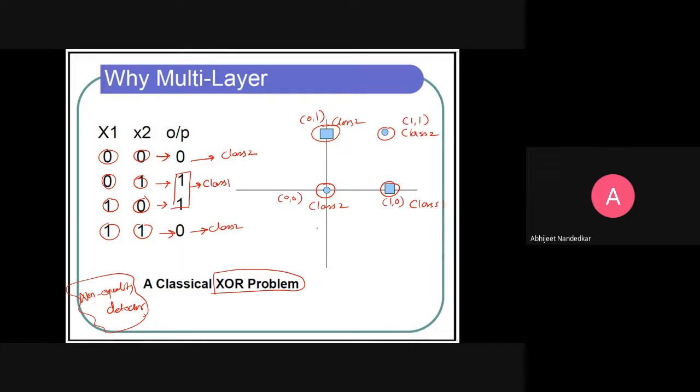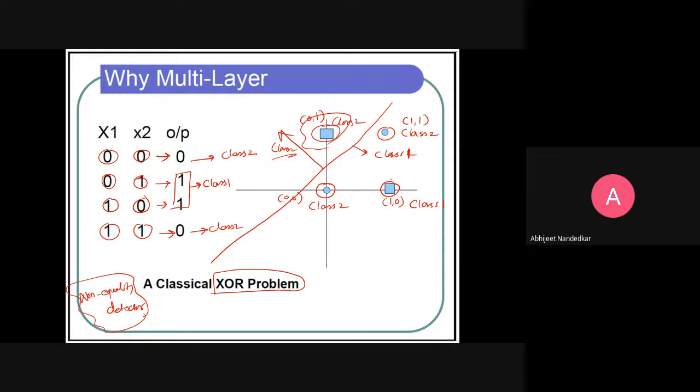So if I have such a thing and I draw a line like this, suppose this side I call class 2, and this side class 1, or I can call this class 2 because this is the only sample here, and this side class 1.